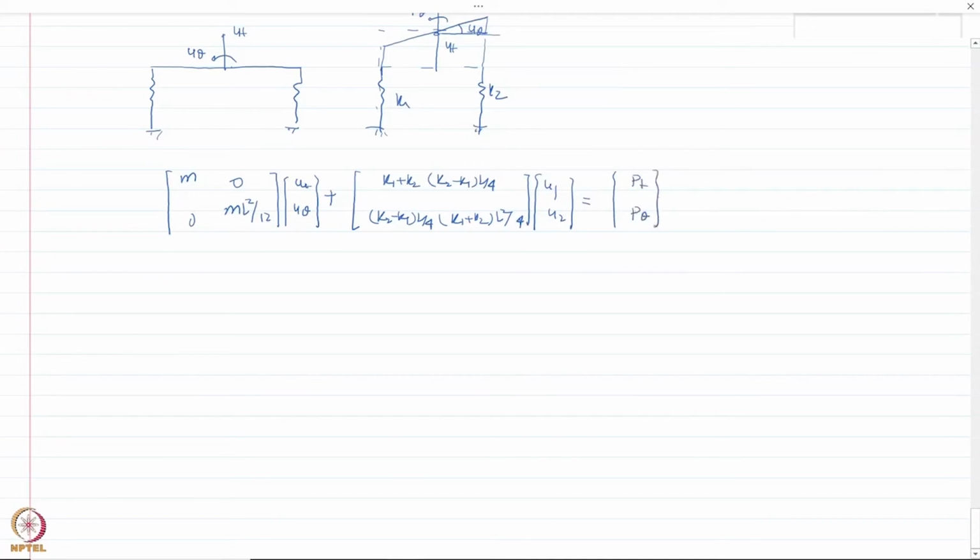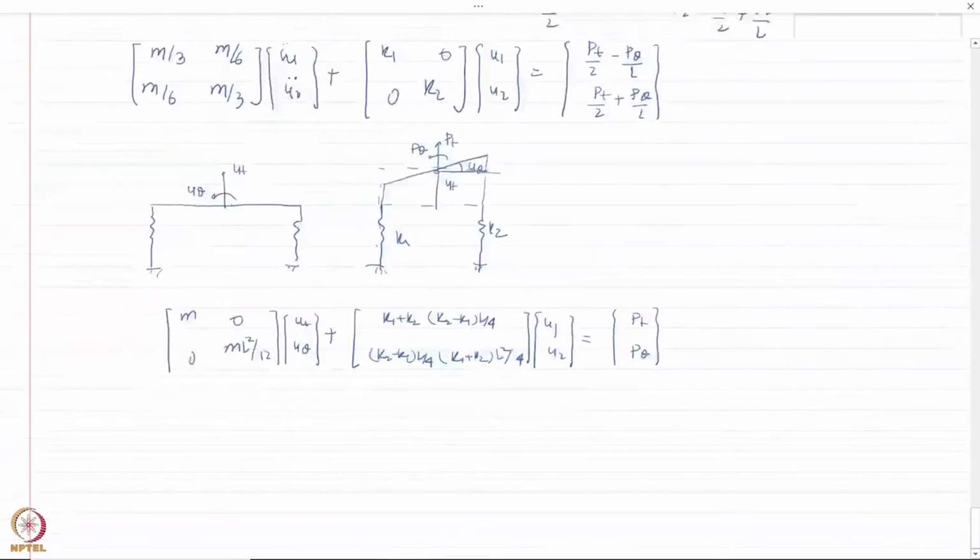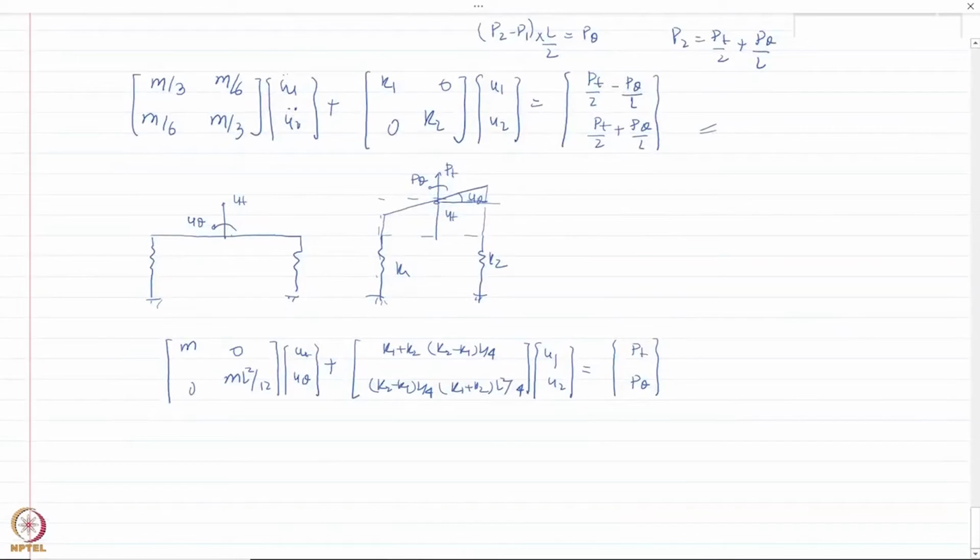Now notice an important difference compared to the last equation that we had written. In this case, we are defining the degrees of freedom ut and u theta, which are along the center of mass and the center of rotation, or we can say that they represent the translational and rotational motion of the mass. So that's why we again get the diagonal matrix in which we have the mass term and the moment of inertia about the center of mass.